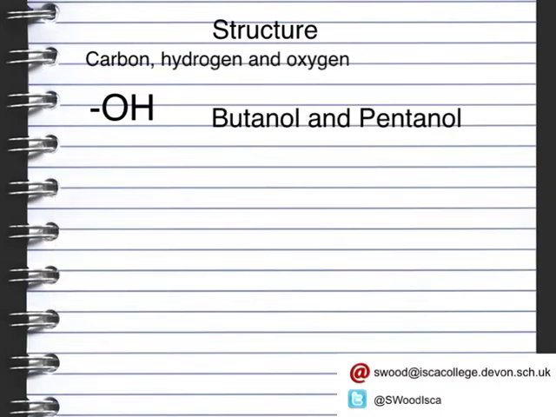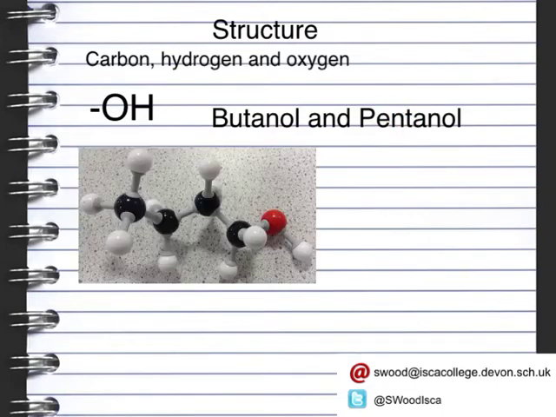The last two we're going to look at are butanol and pentanol. So we've got butanol with 4 carbons and pentanol with the word pent meaning 5. Again we've got our OH group and then our 1, 2, 3 carbons for butanol, and then we've got all the relevant hydrogens on each of the carbon atoms in the middle there.